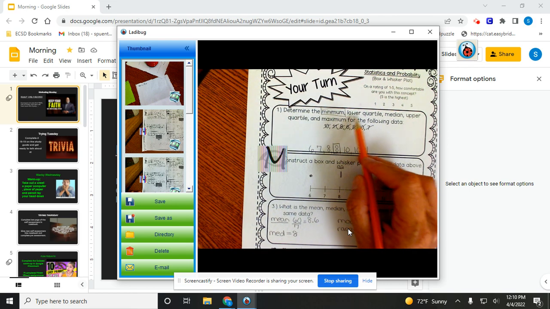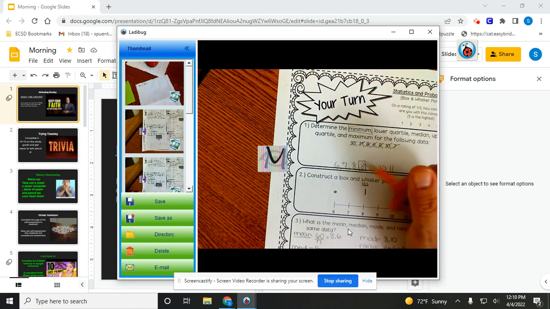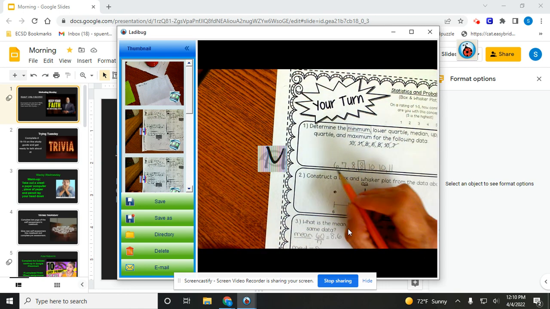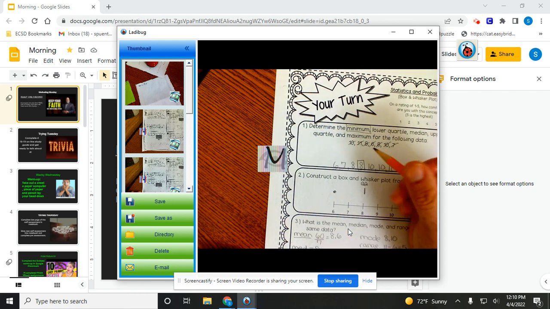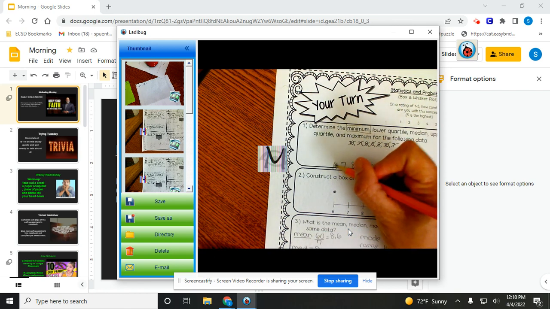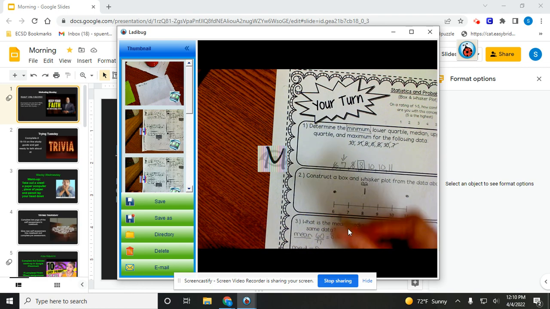So the lower quartile or your Q1 is going to be this simple. You're going to take the numbers before your median, and so you've got a 6, 7, and an 8. So we're going to find the median of this one. So we're going to get rid of the 6 and get rid of the 8. So our Q1 is going to be the 7.